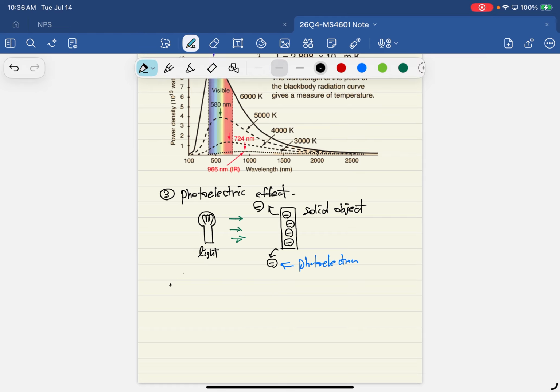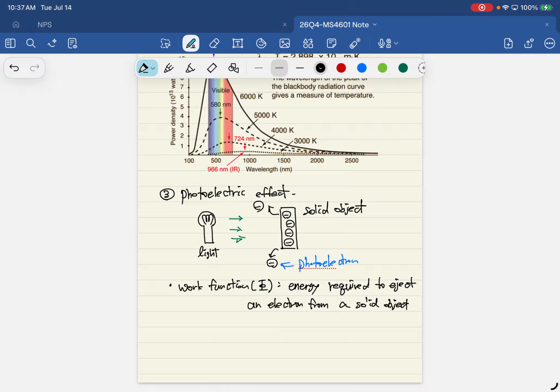So this is a photoelectron, and in order to understand this photoelectric effect, we need to introduce a concept called work function. Work function is the energy required to eject an electron from a solid object.